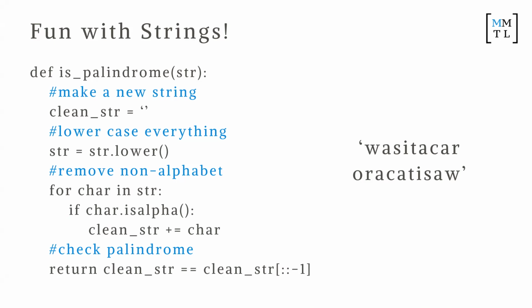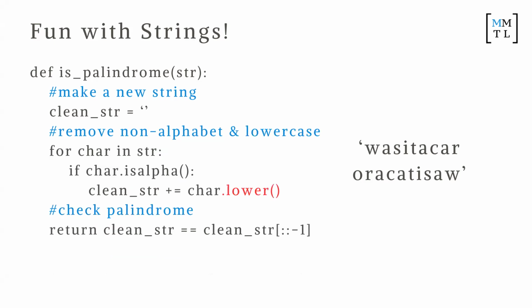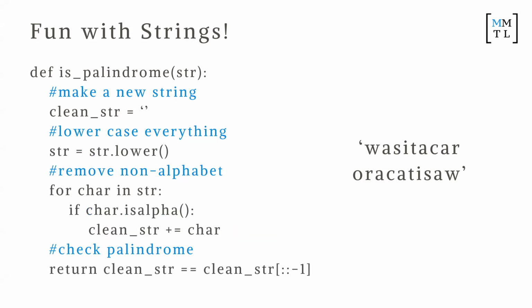Does that make sense? I'll just go through it again. For each character in the string, if the character is part of the alphabet, then we add it to our clean string. That's basically what happens at that stage. So it just looks like "wasitacaroracatisaw", without any punctuation, without any white spaces. And then we check if it's a palindrome.